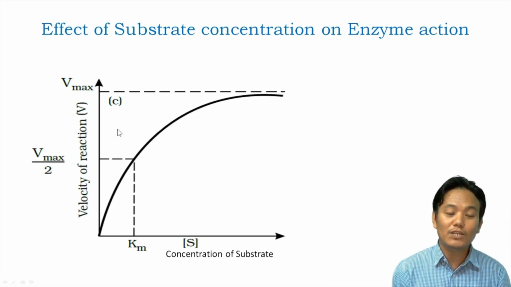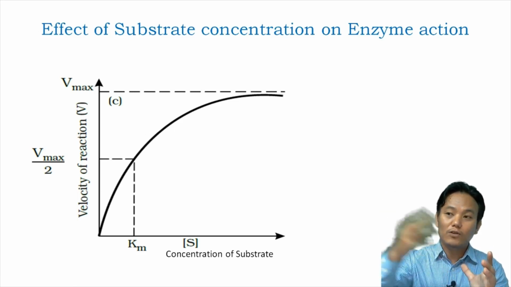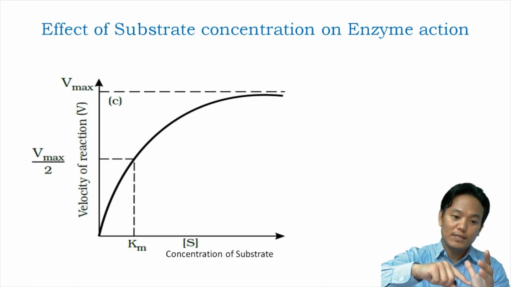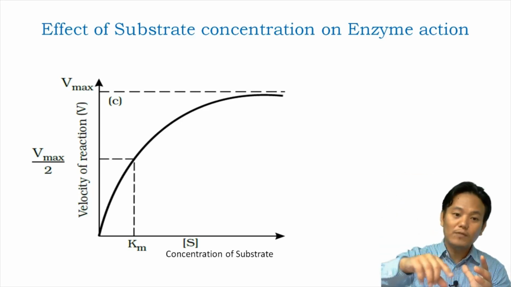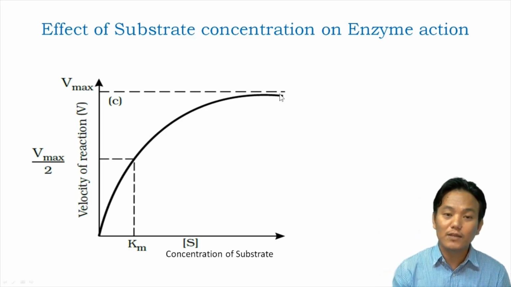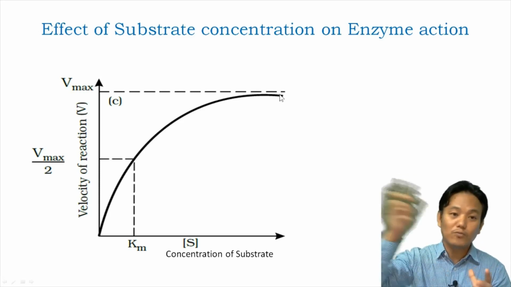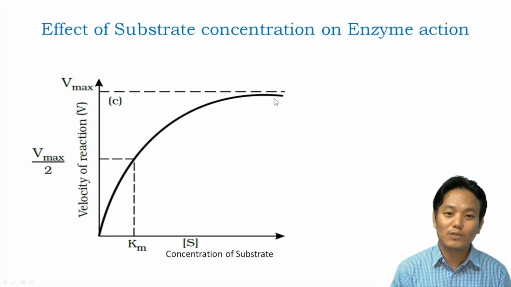In a reaction mixture, if you have the enzyme and the substrate, the rate of reaction depends on the substrate. As substrate increases, the rate of reaction increases until it reaches V max. After that, increasing the substrate does not increase the speed of the reaction. Why?